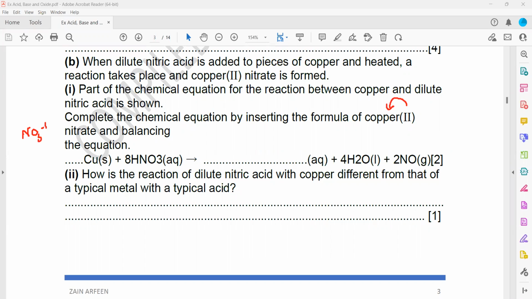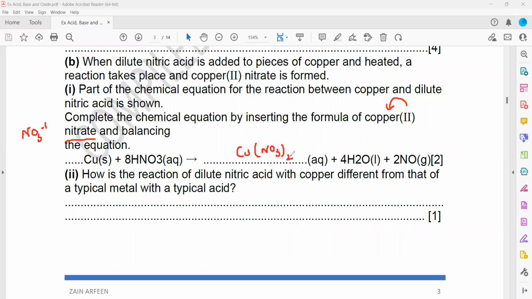It's not nitride, it is nitrate. Nitrate means nitrogen with oxygen. So copper(II) nitrate will be Cu(NO3)2, with NO3 in a bracket and 2.